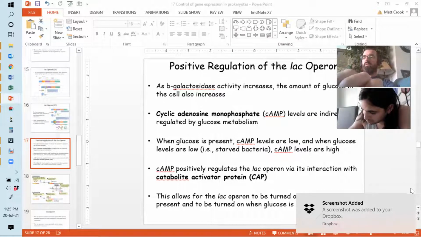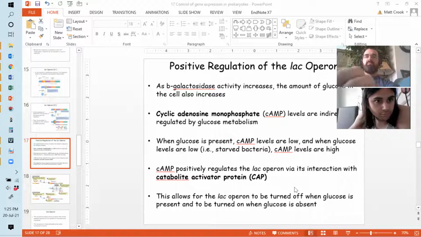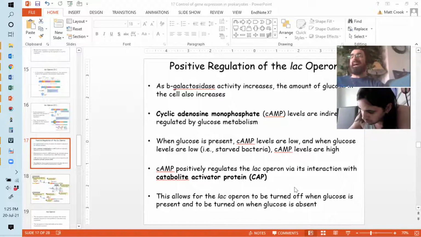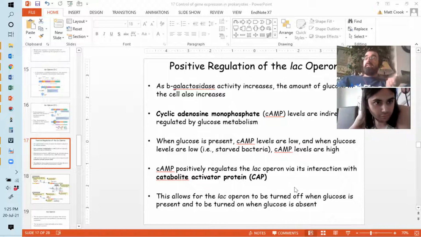And so that catabolite activator protein, or CAP, is the sensor. It's what detects cyclic AMP.